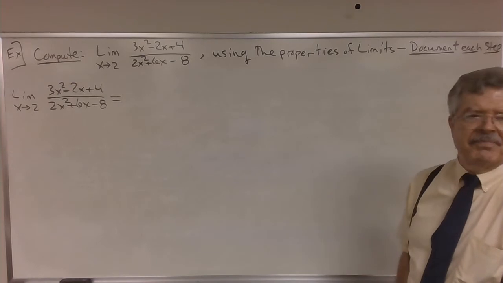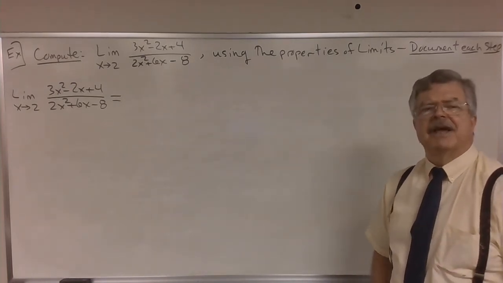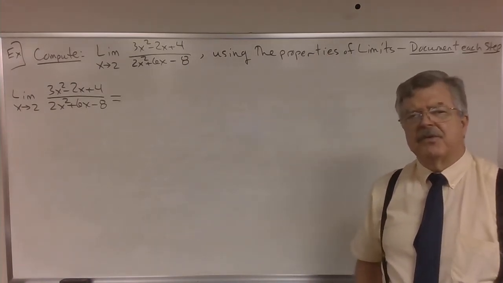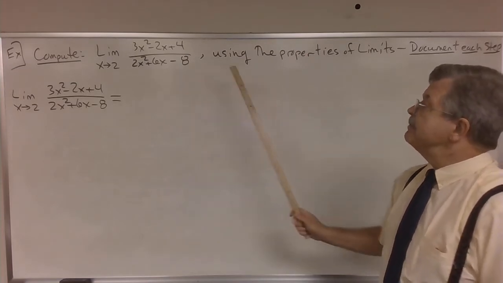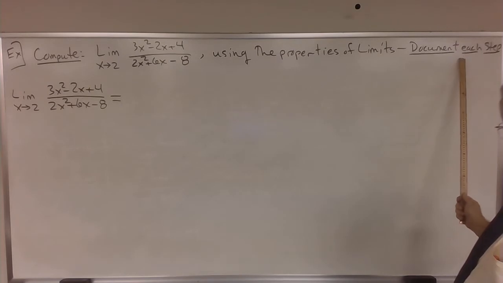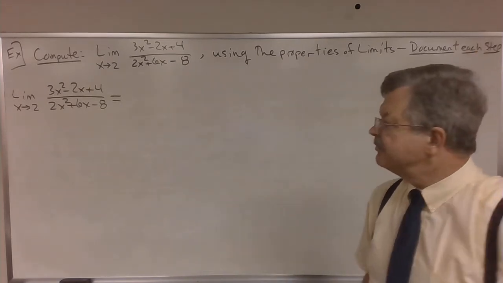Okay, here's an exercise designed just to get us familiar with the properties of limits and reinforce what we were just told. Compute this limit using the properties of limits. Document each step. Okay.